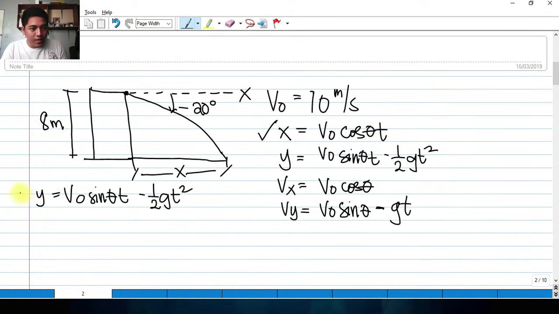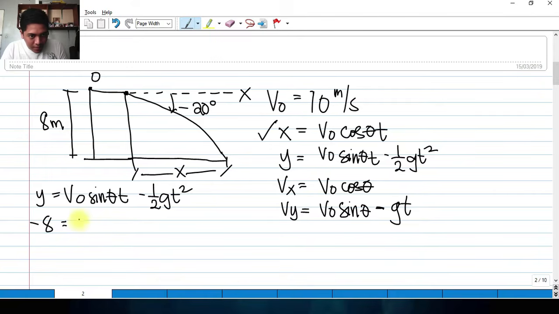Okay, so from our second formula, we have y equals v naught sine theta t minus 1 half g t squared. Okay, so let us realize that this y, if you're going to have an origin here, such that we labeled it as an x and y coordinate, and we have an origin here, 8 meters below, that should be equal to negative 8. Okay? So because it's below the origin, 8 meters below is negative 8 by the convention of the coordinate system.